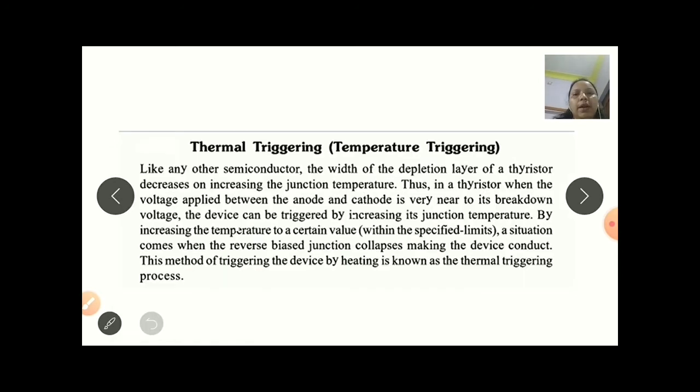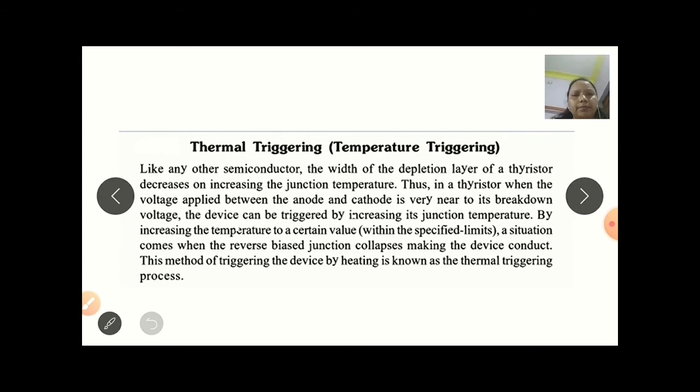The next is thermal triggering or temperature triggering. Temperature triggering means the width of the depletion layer of the thyristor decreases on the increase of junction temperature.